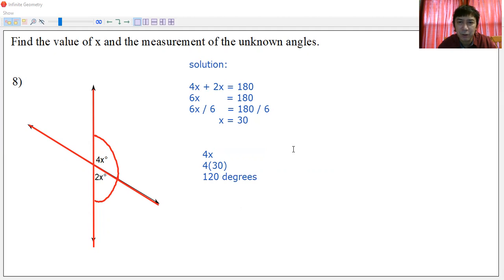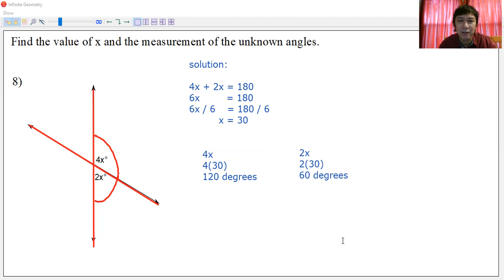So we can use the expression 2x, and this means 2 times 30, the value of x. 2 times 30 should be how much? 60. Yes, 60. This will be 60 degrees.